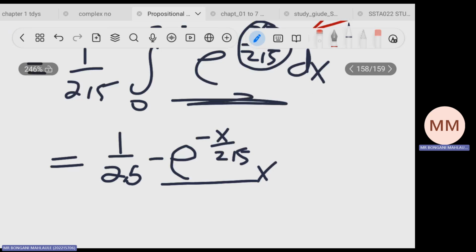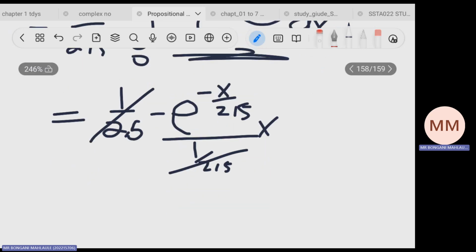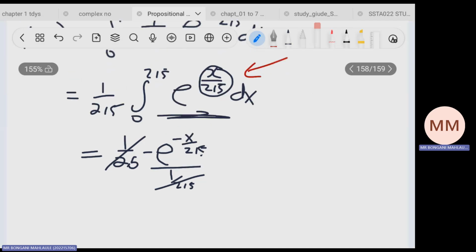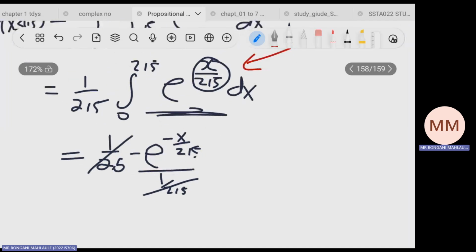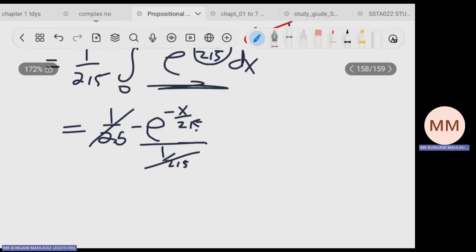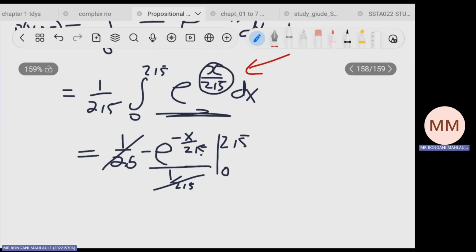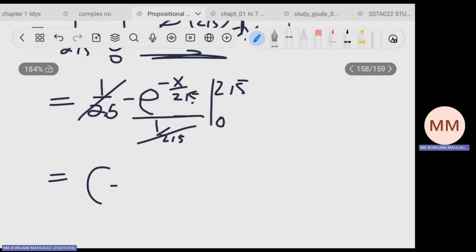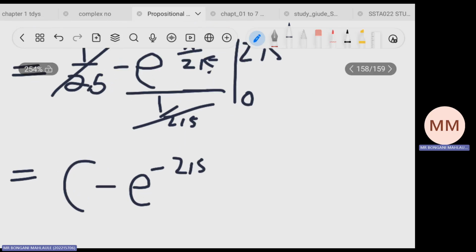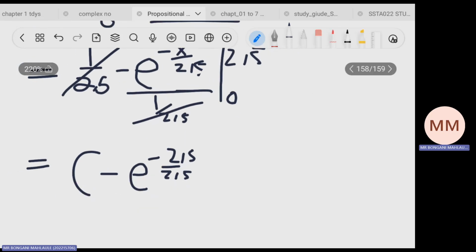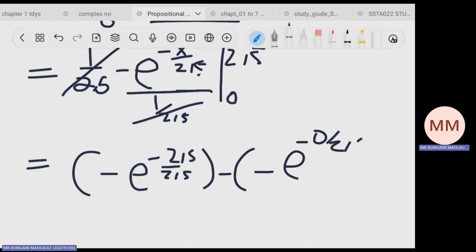Then this will be all over 1 over 2.5. And if you divide with that, you'll get a 1. So this will be from 0 to 2.5. So at the end of the day, you'll have negative 2.5 over 2.5 minus negative 0 over 2.5.